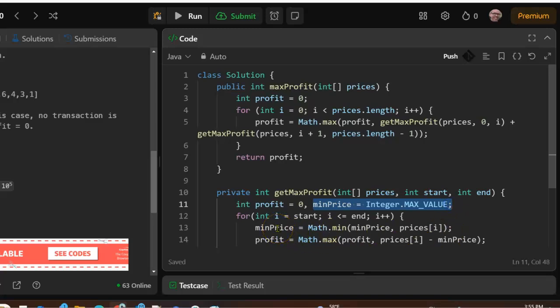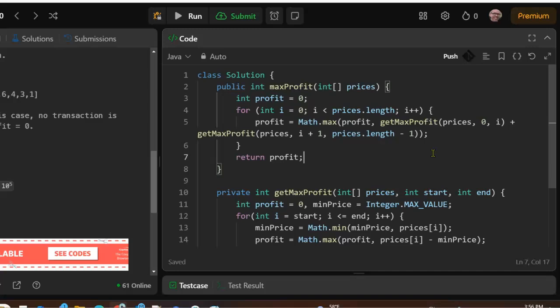And then we're going to run the index from 0 to prices length, and we're going to get the max profit going from 0 to i, and then we're going to get the max profit going from i plus 1 to prices length minus 1, and take the max. Okay?